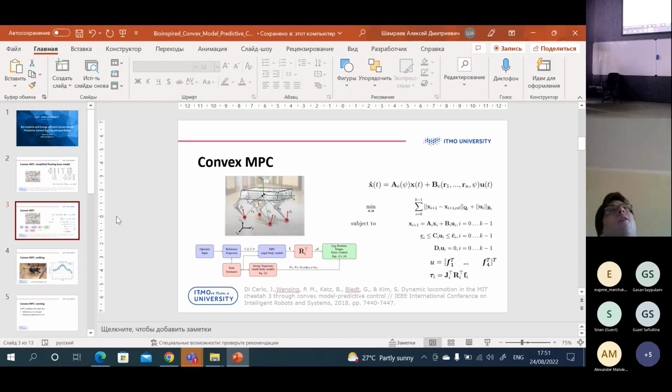Of course, we can get the 1000 Newton meter torque of the actuator.